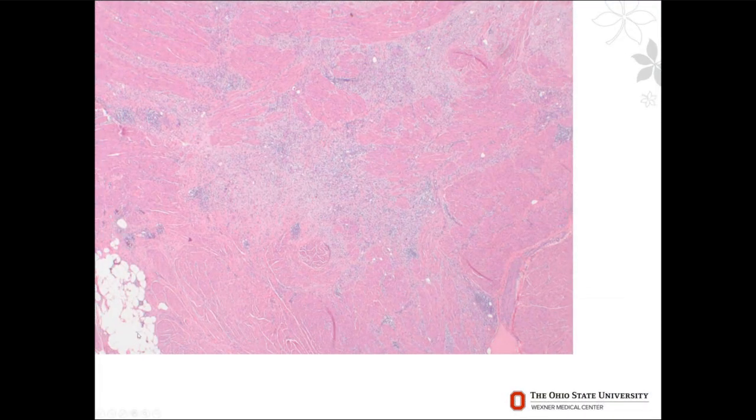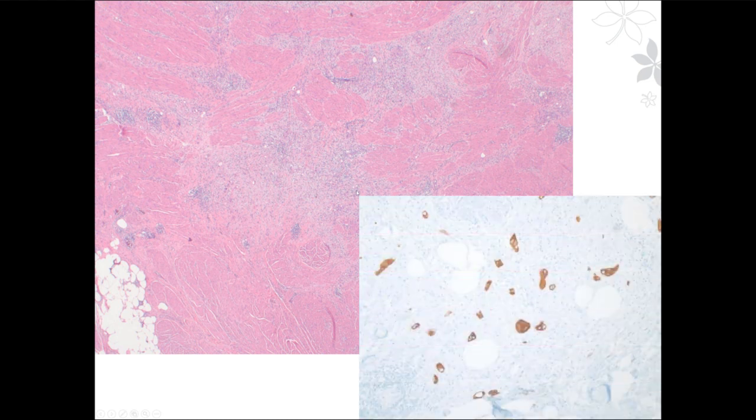As you look at the muscle and the deeper bladder wall, you can see a lot of this activity around the muscle bundles. If you stain this with a keratin stain, you can start to see single glandular structures in the muscle, adjacent to the muscle, in the fat.